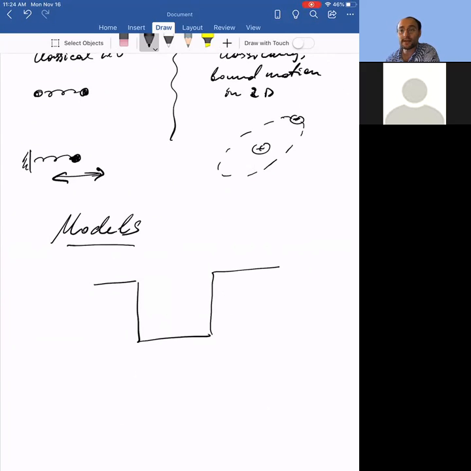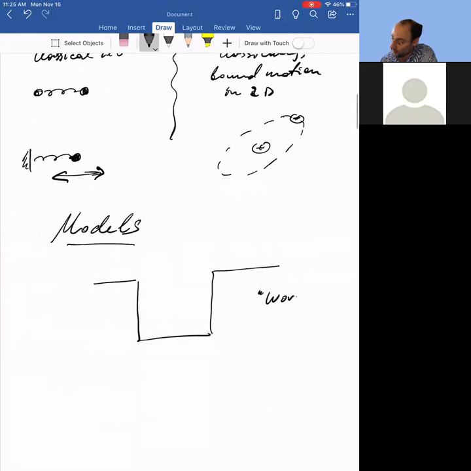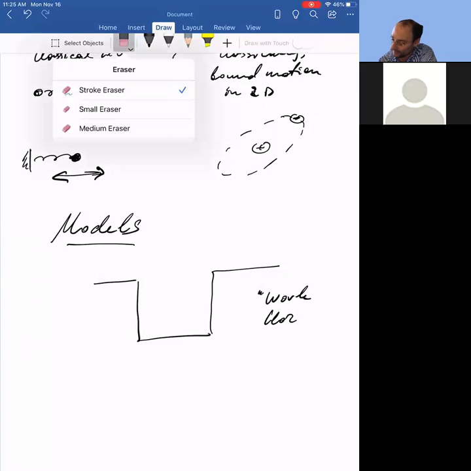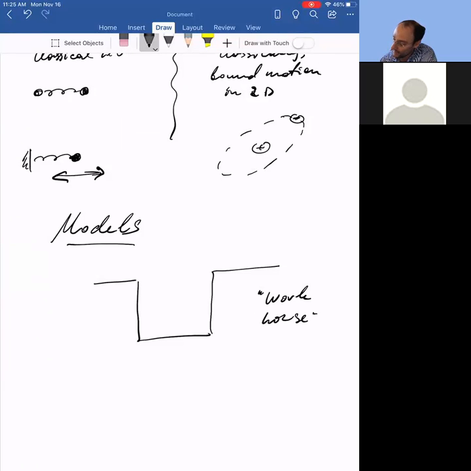Why do we do this? Because qualitatively, the result will share similar features with more realistic situations, and also because this is a workhorse. This is our workhorse. Of course, if it did not share qualitative features, then we probably would not be using this workhorse.